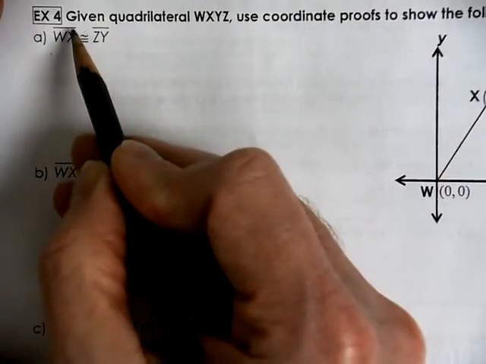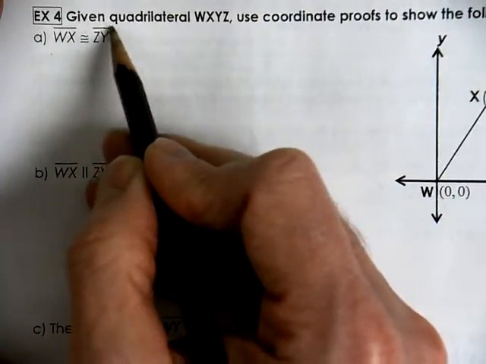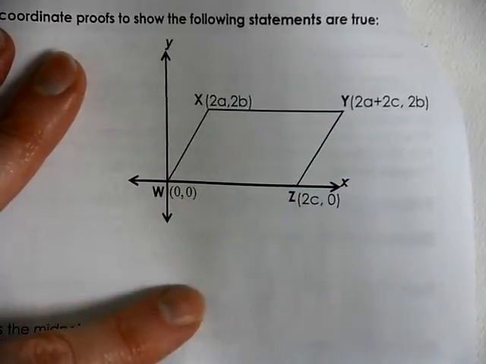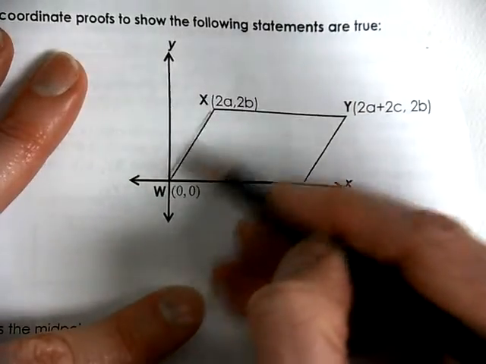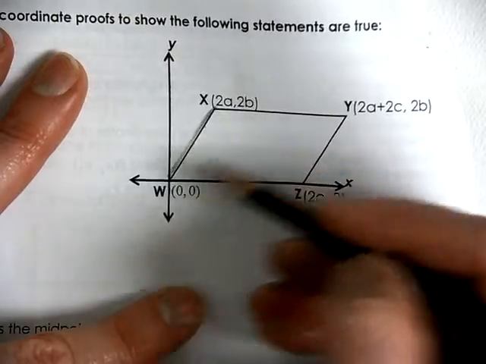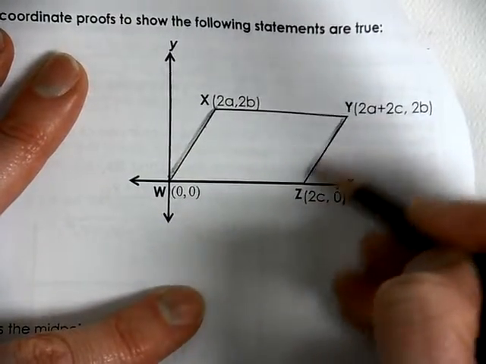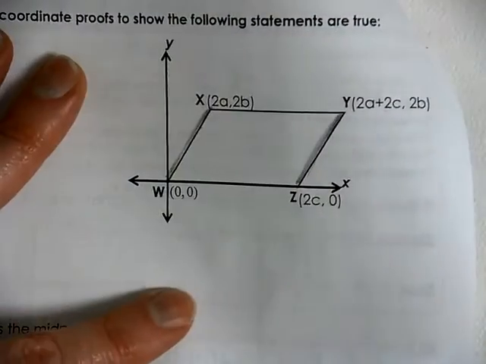So we're going to find the length of WX and the length of WY, or ZY. WX is right here. We're going to find that length, and then we're going to find the length of YZ. And they should be the same.